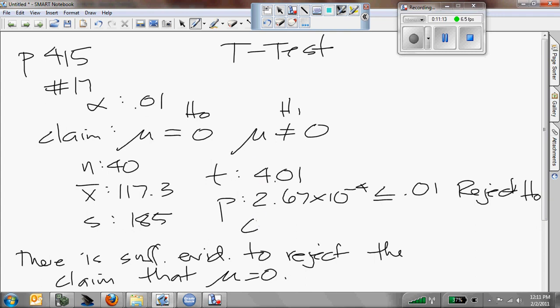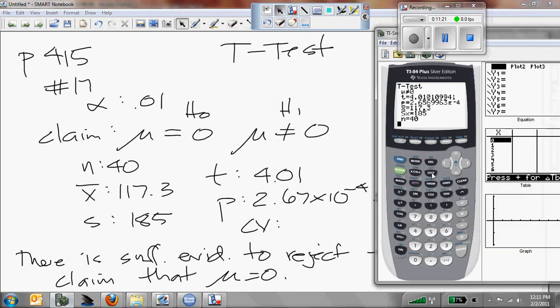Then lastly is our critical value. In order to find a critical value for t distributions, we're going to use t interval. So we pull open our calculator, stat, test, t interval. There's 8 on my calculator. When I'm trying to find the t critical value, I'm going to enter 0 for the sample mean. For the sample standard deviation, the square root of the sample size, square root of 40.